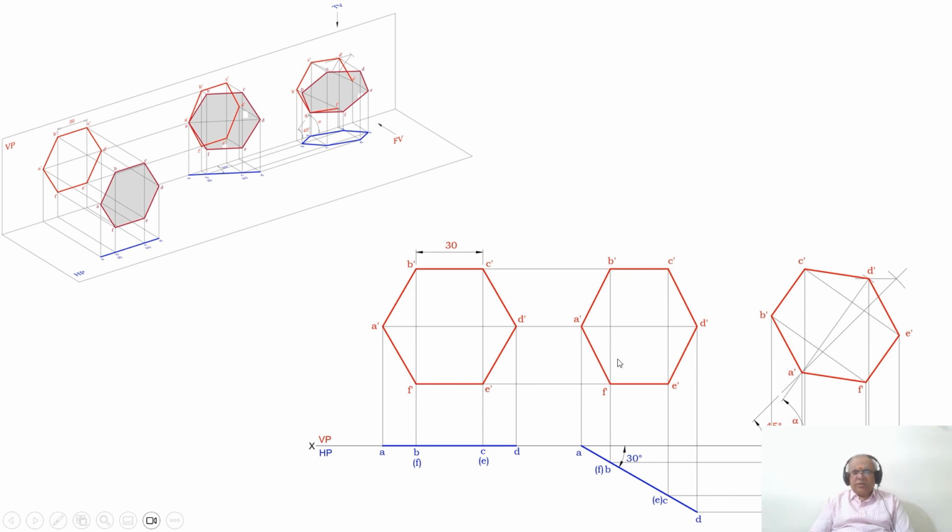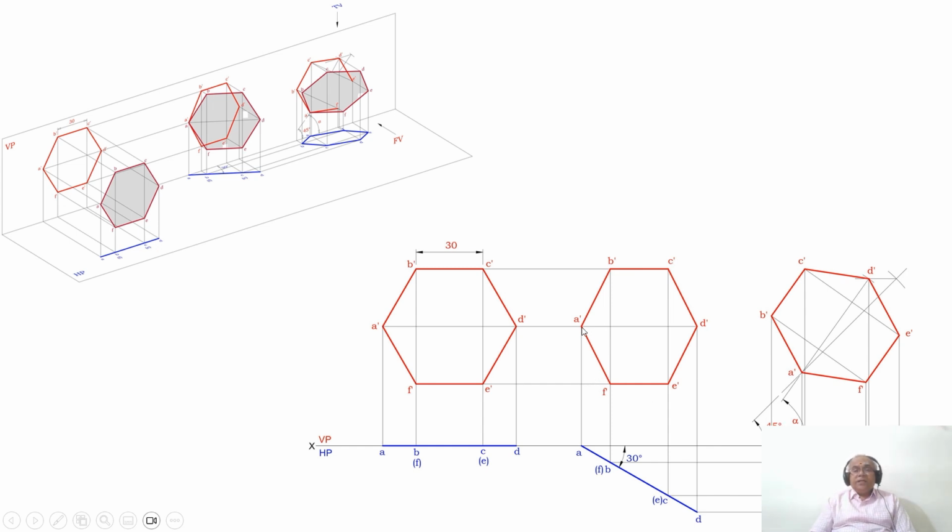So taking the measurement with the compass, with A dash as center, take the radius of A dash D dash, and with A dash as center, cut it on the locus of the front view. Once you do that, mark that point as D dash, then join A dash to D dash and extend it. This is the angle alpha we are talking about.